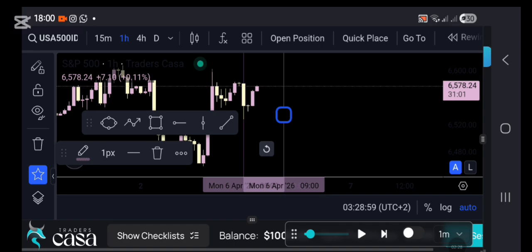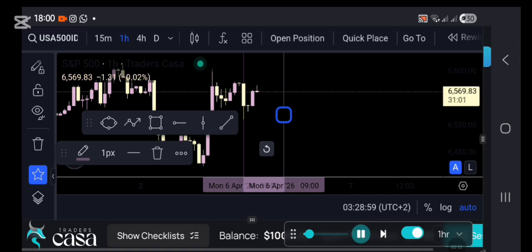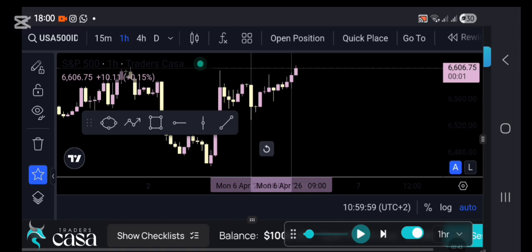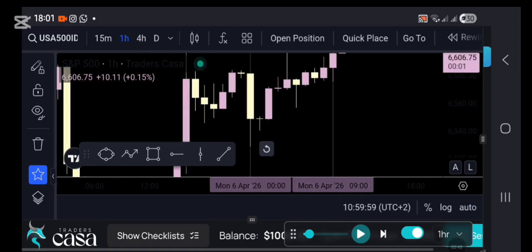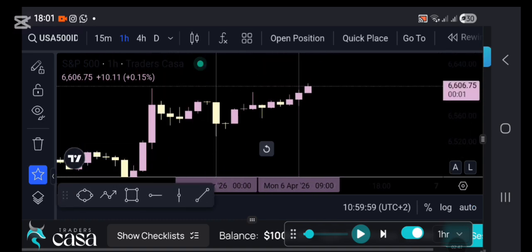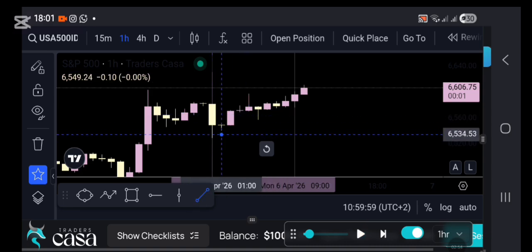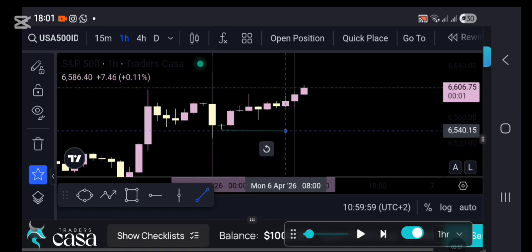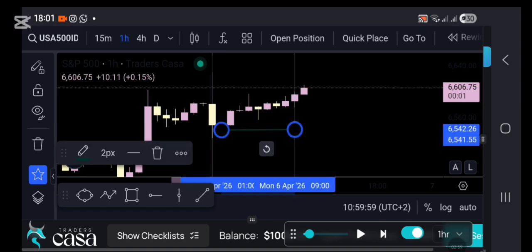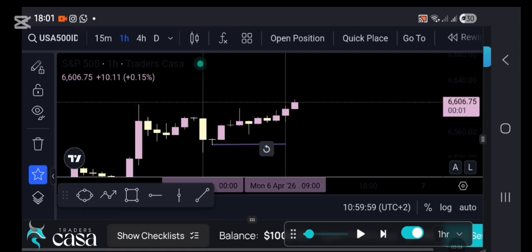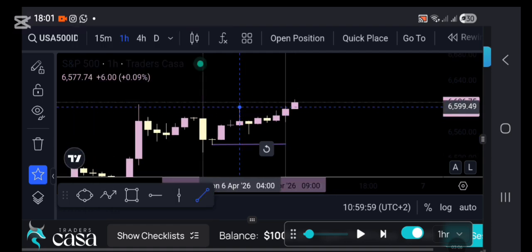Let's just see what happens. Okay, cool. Since we saw that, the next step is we are going to mark our Asia low and our Asia high, which is this.